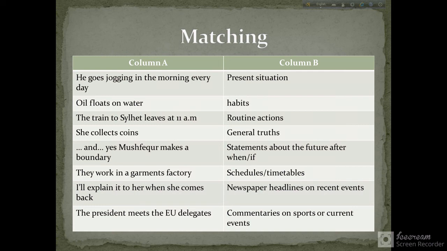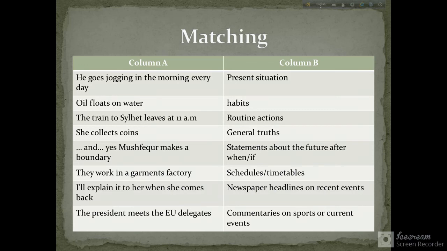The first one is present situation. Okay, the sentence of column A which is a present situation will be matched with present situation. The next one is habits. Then routine actions, general truths, statements about the future after, when or if, schedules or timetables, newspaper headlines on recent events, commentaries on sports or current events.